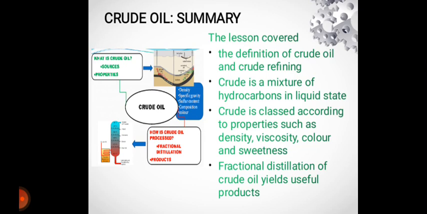Now let us summarize our lesson for today. We have seen the definition of crude oil. Crude is a mixture of hydrocarbons in liquid state. Then crude can be classified using various properties such as density, viscosity, color, and sweetness.